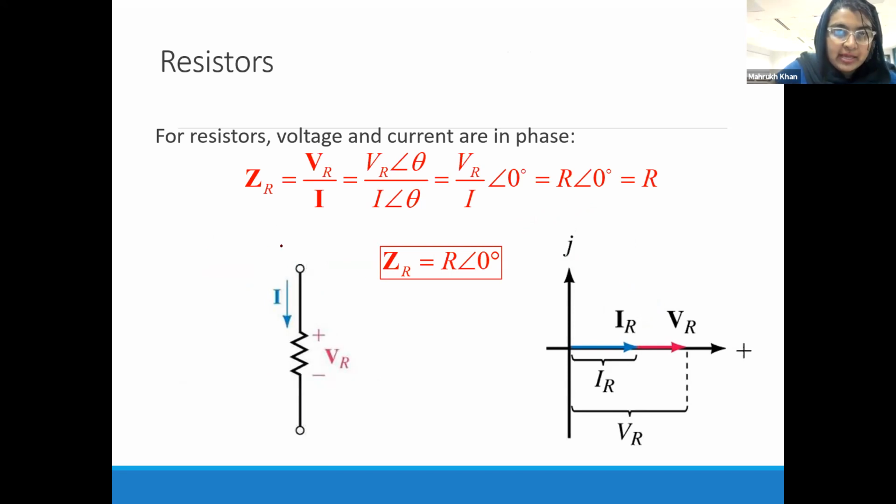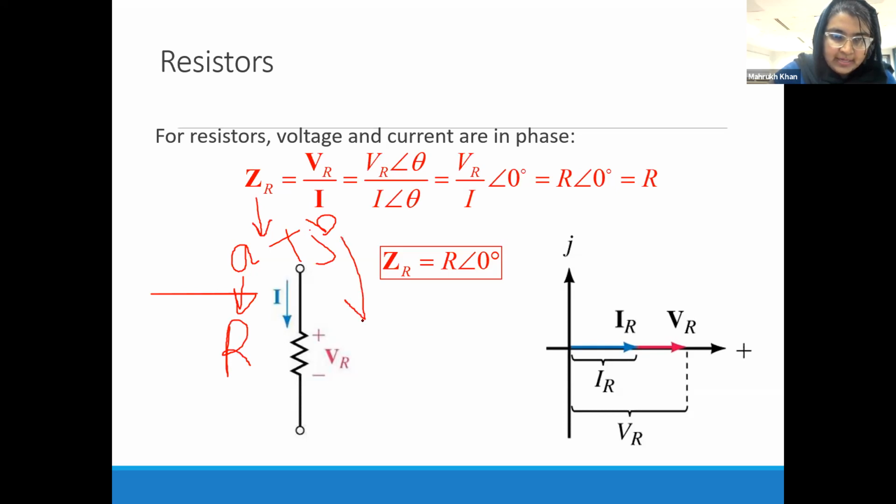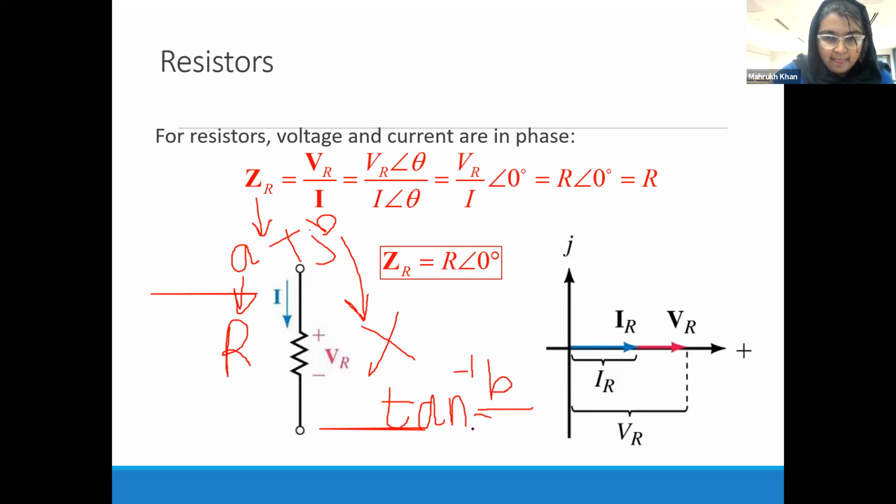If you are talking about A plus jB, in this case, your A is R and your B is X. And if your X is 0, which means your tan inverse of B over A, if your B is 0, the overall angle will be 0 because you don't have any X, right?